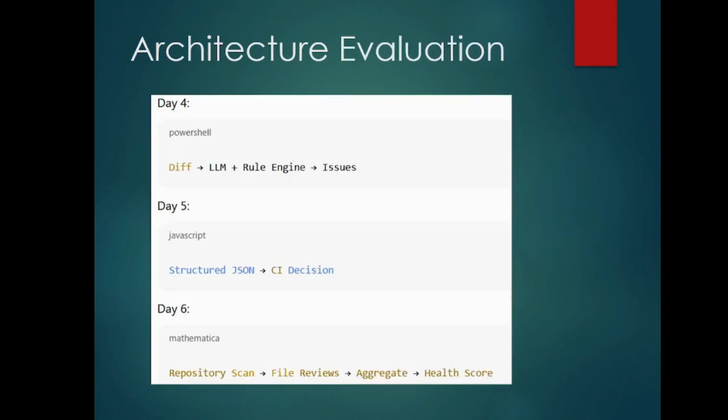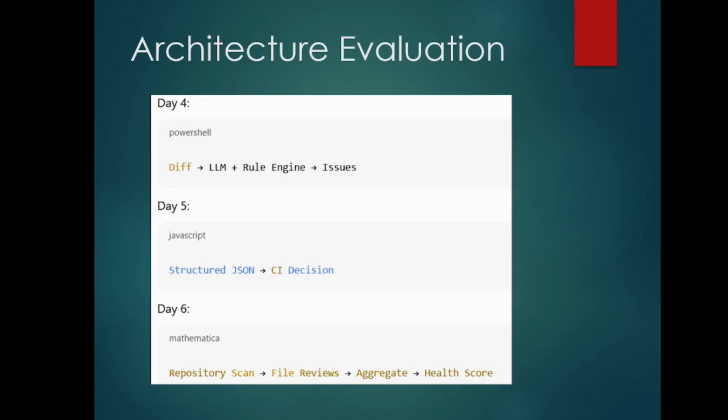In day 4, as I already mentioned, the LLM gives the review comments, but we also introduced our customized rule engine, so that we can collect the combined issues and send them to the developer team for fixing. In day 5, we introduced the CI/CD concept with a proper pipeline, which we generally follow in any multinational company or professional project. In day 6, we are not taking any diff of a file or any PR file.